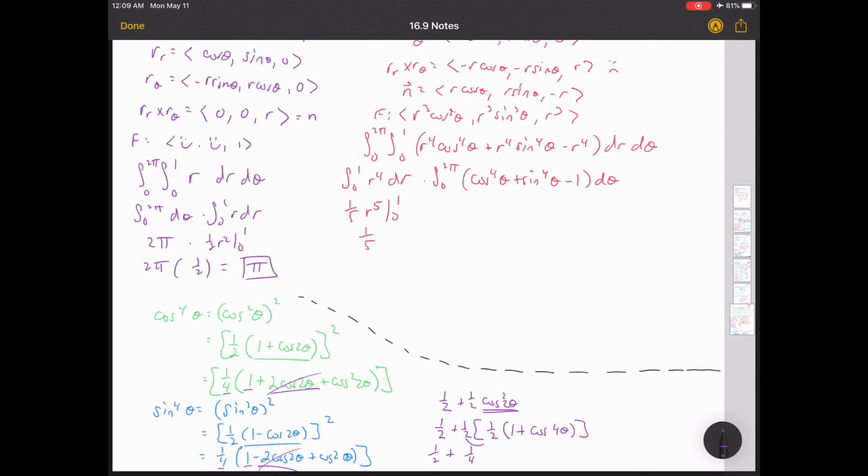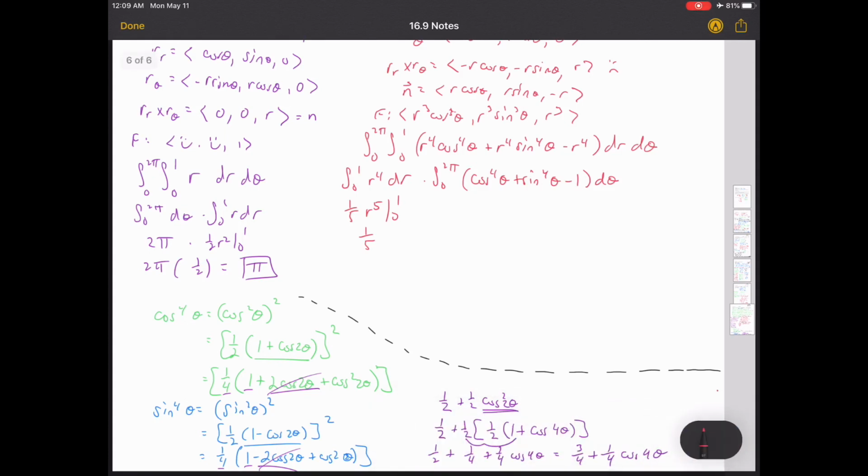That's distributing this into here. And then I'm also going to get a fourth cosine 4 theta. So out of all of that, I'm going to get a half plus a fourth, which is 3/4, plus 1/4 cosine 4 theta. Okay, the only other thing I have is I have to subtract the 1, but I'll go ahead and do that in a second.